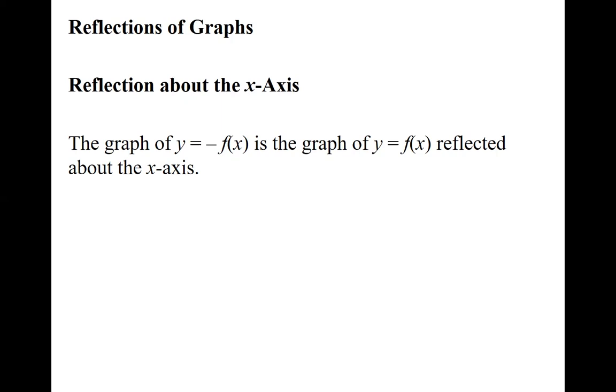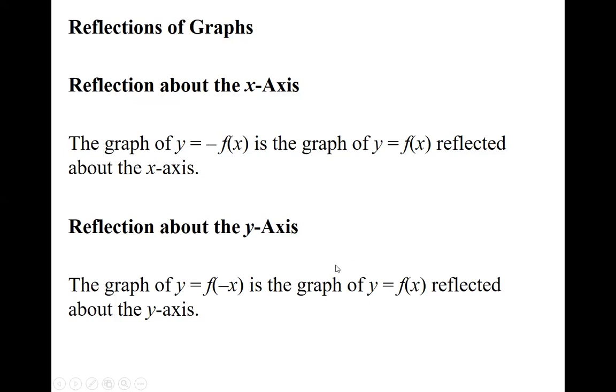So to use the x-axis as a mirror, we take the opposite of the function. To reflect about the y-axis, to use the y-axis as a mirror, we take the opposite of the x inside of the function.